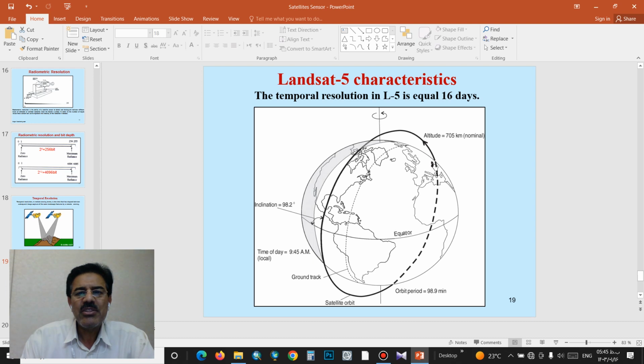The temporal resolution in Landsat 5 equals 16 days. Other characteristics, inclination, time of day, ground track, satellite orbit, orbit period, and altitude can be seen in this slide.